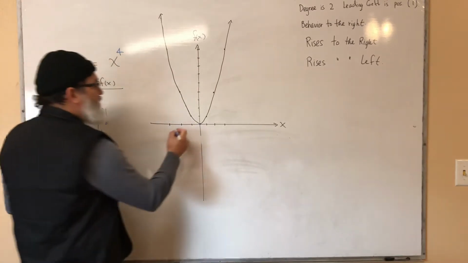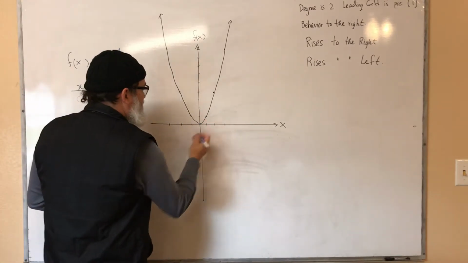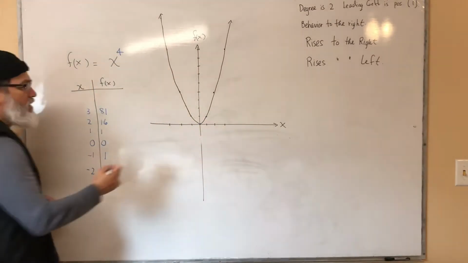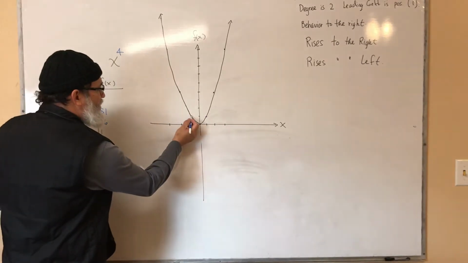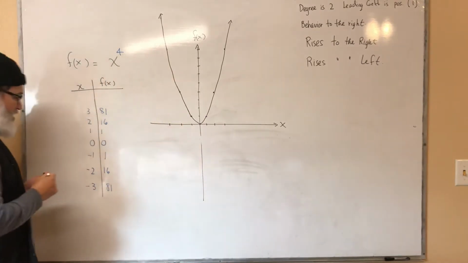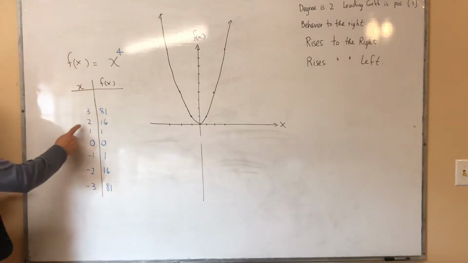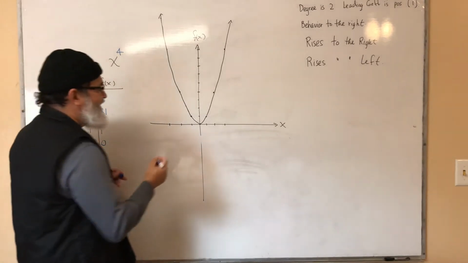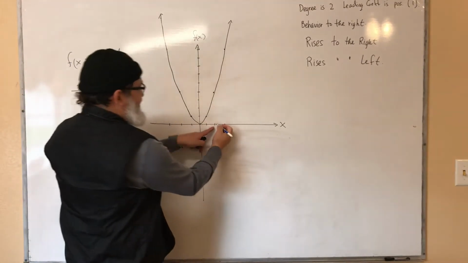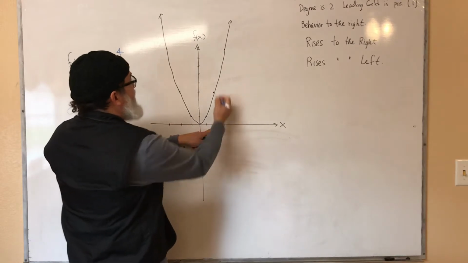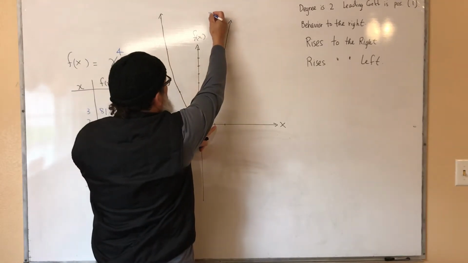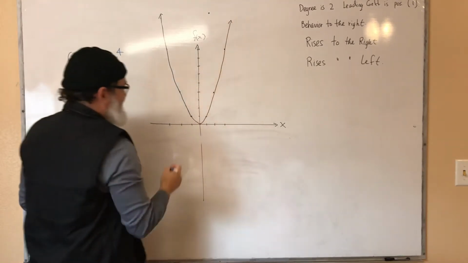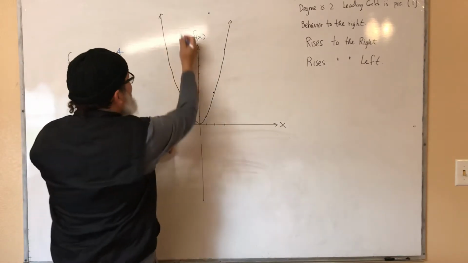1, 1 right there. -1, 1 right there. Okay. 2, 16, way up here. I'm going to say 16 is way up here. -2, 16.